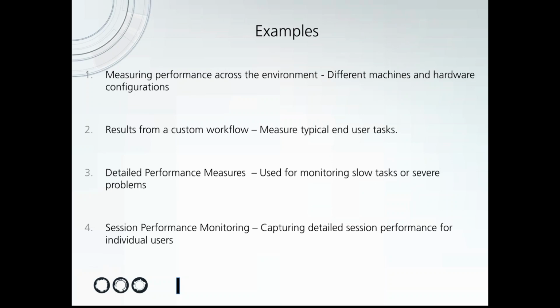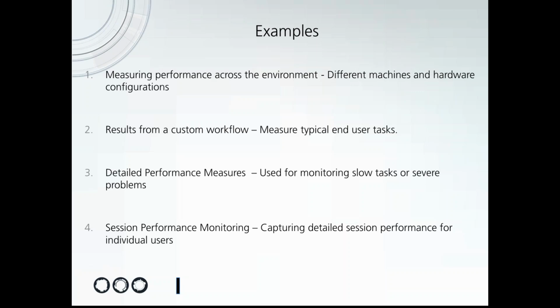So in my demonstration today, I want to put performance monitoring in a little bit of context by showing you these 4 different kinds of workflows for the tool. The first is really, how do we measure performance across the environment, and how do we look into how different machines and hardware configurations are affecting different user experience. I then want to show you how we can look at the performance from a custom workflow, which is intended to simulate a typical end user task or end user work.